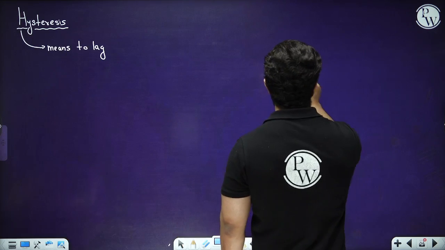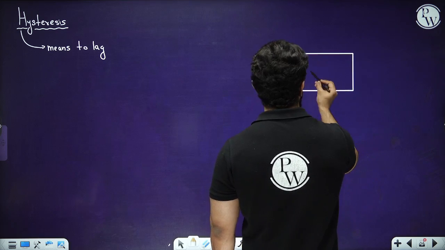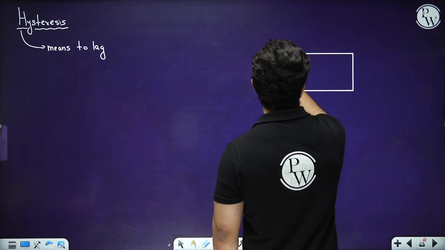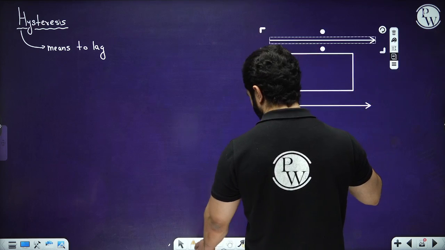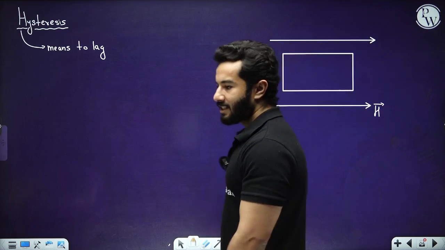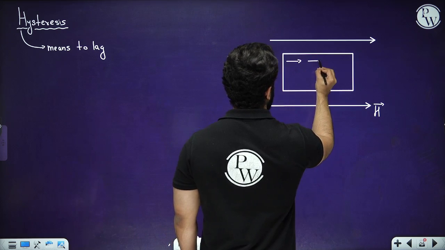We are using it over here because let's suppose you have got a magnet and you have kept this magnet in an external magnetic field, which we often call the magnetizing field H. Let's suppose its dipoles started getting aligned, something like this.